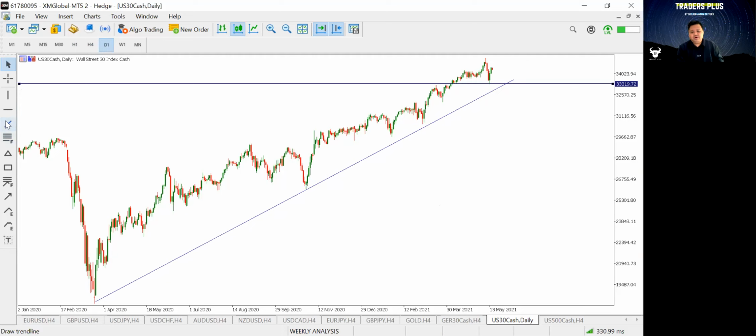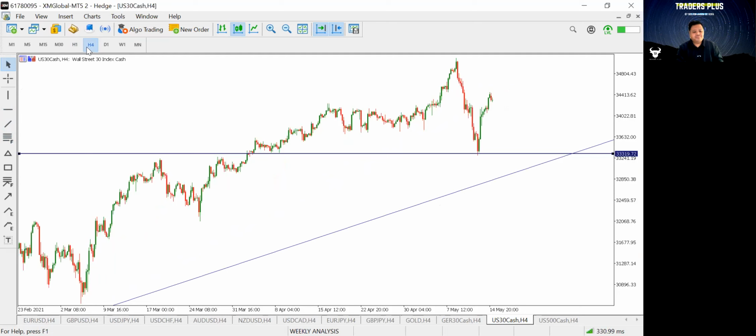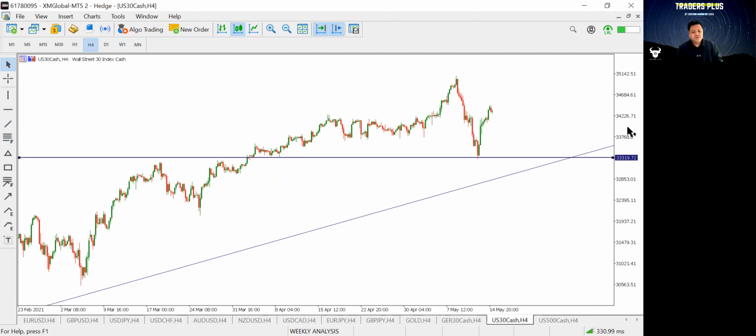Let's see our H4. Yun. Pero mahaba yung pullback. So ibig sabihin, if you want to buy US30, you have to wait for it to go down here. Tsaka ka magbabuy. Alright? So dito ang buy area mo. Okay.